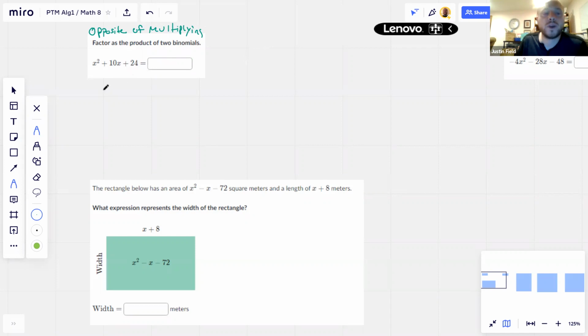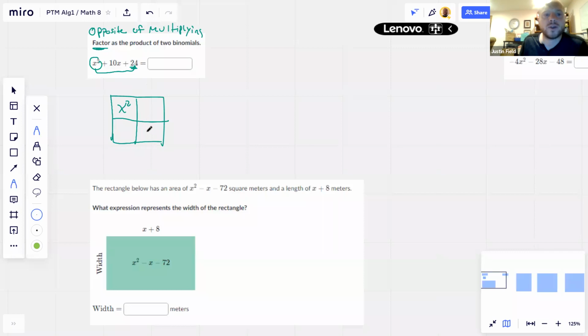When we multiplied polynomials, we drew 4 boxes, if you remember, and we got an answer that looks something like this. There's the 4 boxes. When we factor, we're going to put these things in the boxes. We always put x squared first.